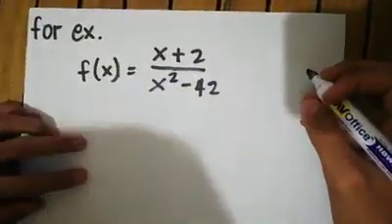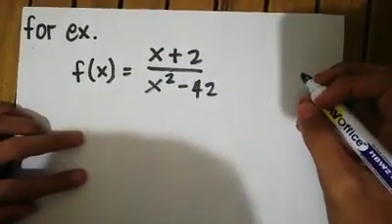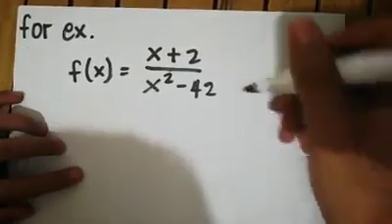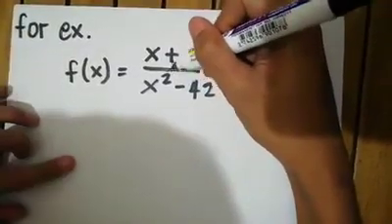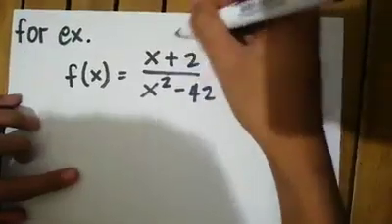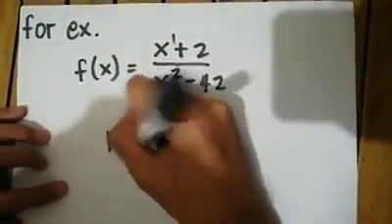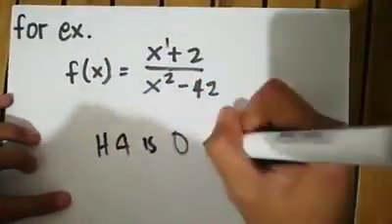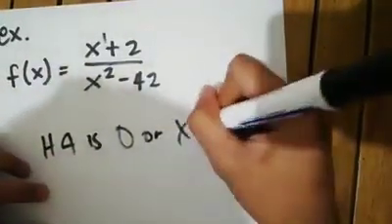For example, f of x is equal to x plus 2 all over x squared minus 42. As you can see, the degree of the denominator is greater than the numerator. The asymptote is 0, or the x-axis.